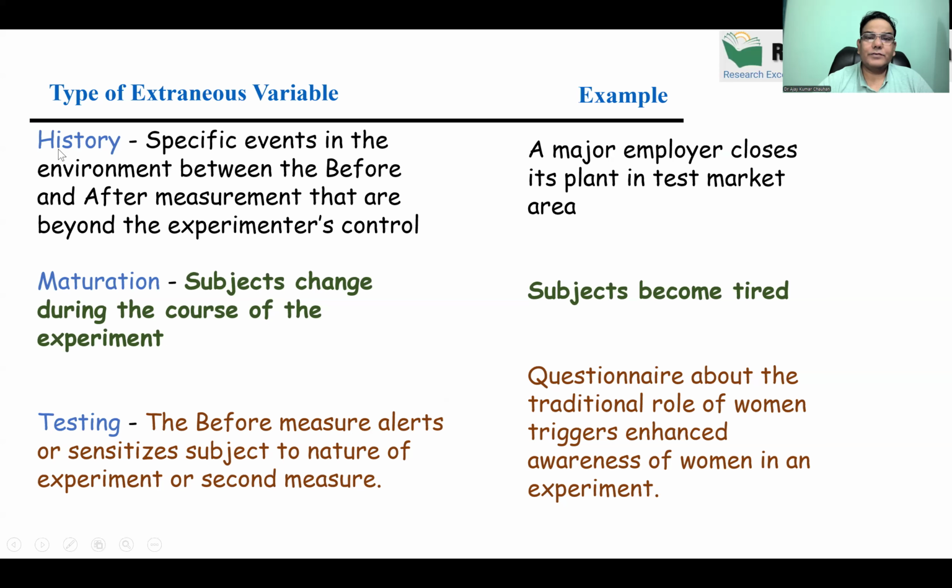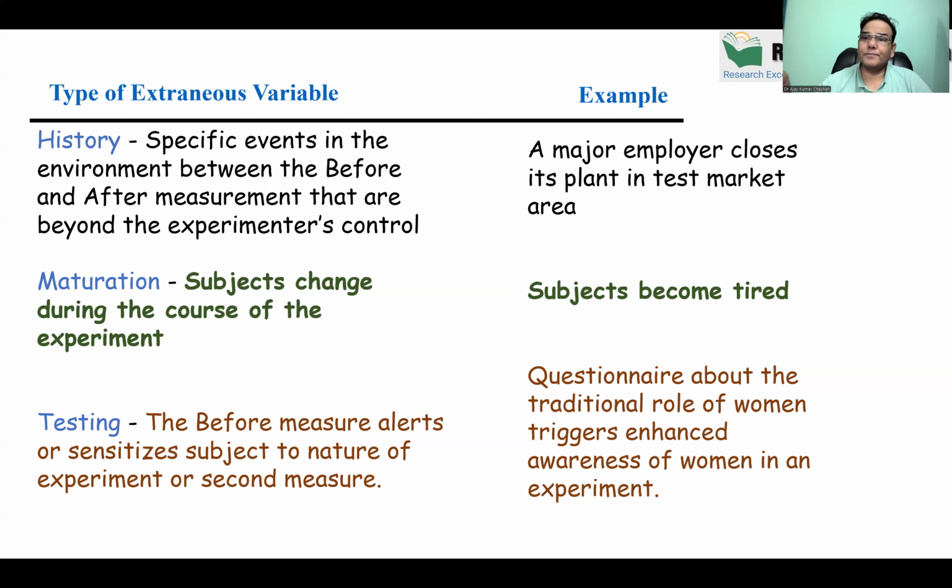History means while conducting the experiment, some sudden error comes. Like the light went off. You are doing an experiment in the lab, and the light went off. So specific events in the environment between the before and after of the experiment that are beyond the experimental control.